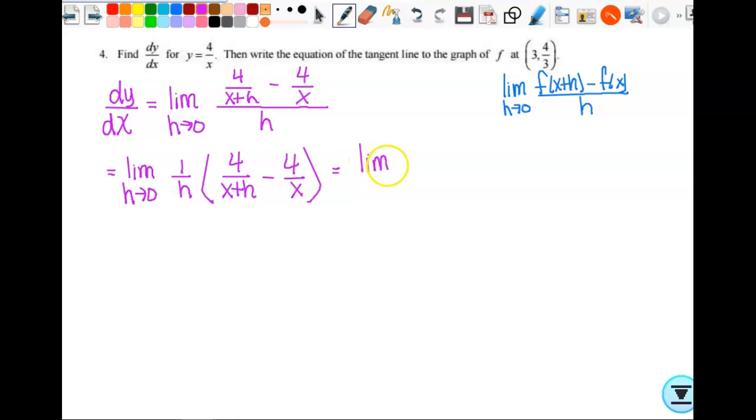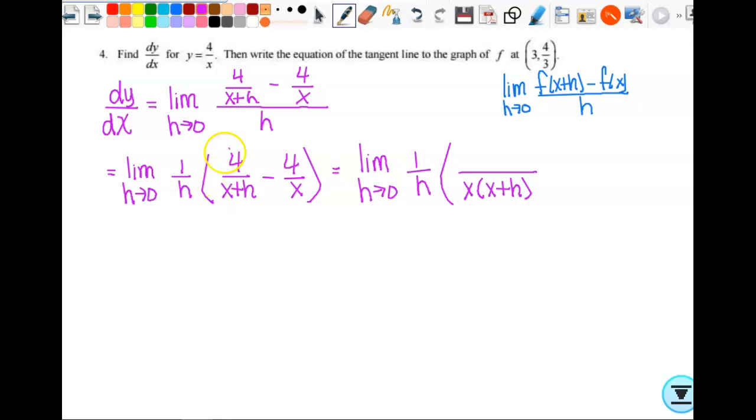So then I'm going to add the limit as h approaches 0 of 1 over h. Now, the stuff in the parentheses here, I need to get a common denominator. The easiest way to get your common denominator is to multiply the two denominators together. So that's going to give me x times x plus h. Okay. So instead of actually finding this fraction and this fraction, I'm going ahead and combining it all.